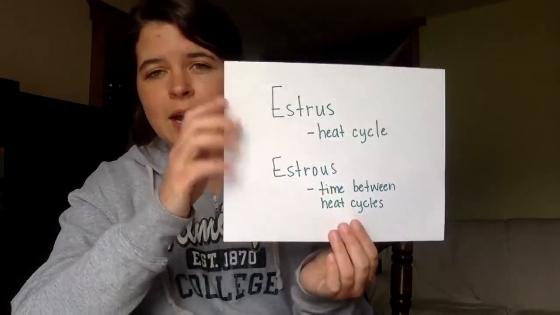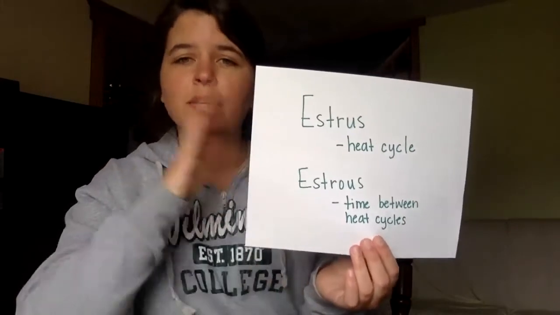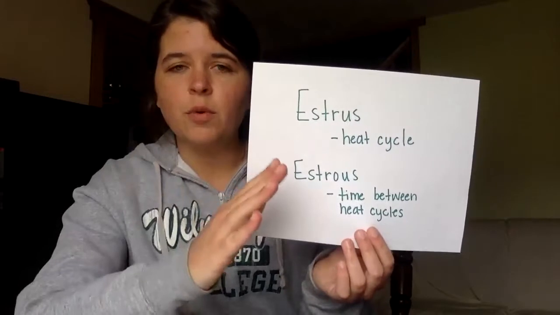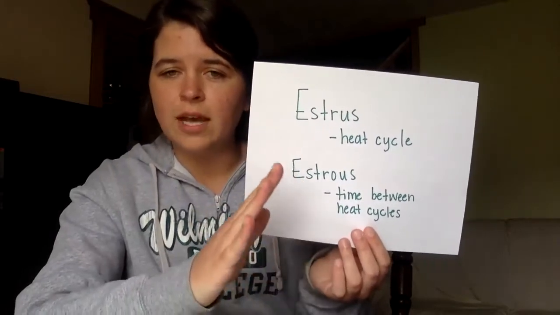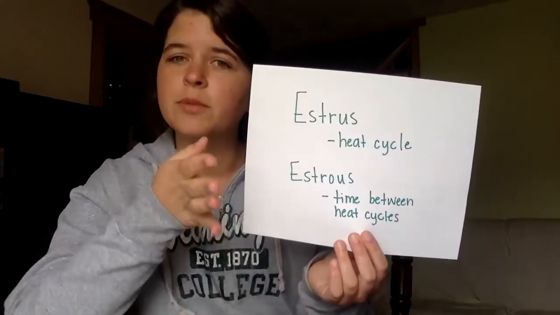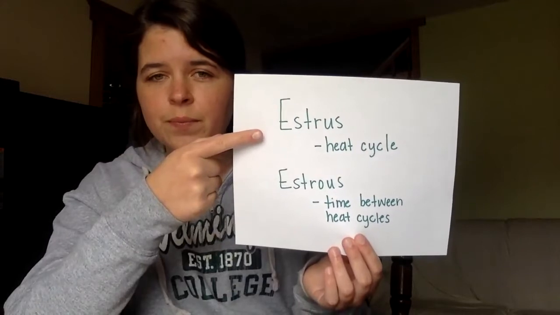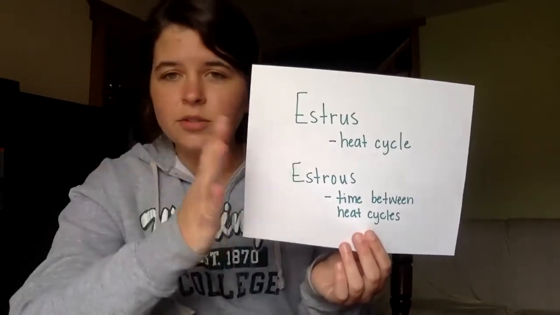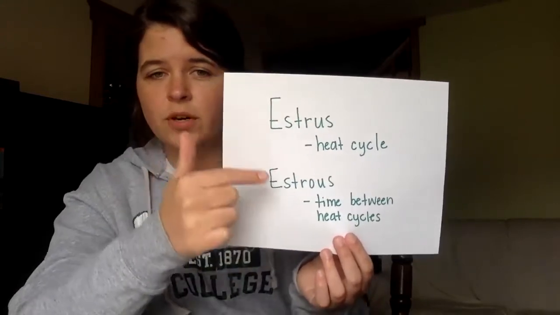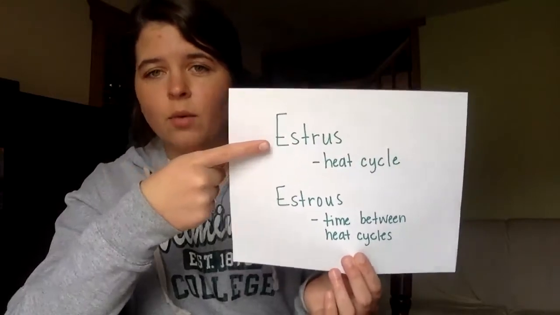Estrous is the amount of time that passes between each estrus cycle, okay? If we talk through this a little bit, because that's probably confusing: when an animal is born, they go through a long maturing process. They hit puberty, which is that reproductive maturity, and that's the first day of their estrus cycle. During that cycle, ovulation occurs, and when that cycle's over, estrous is the amount of time that passes before the next estrus cycle begins.